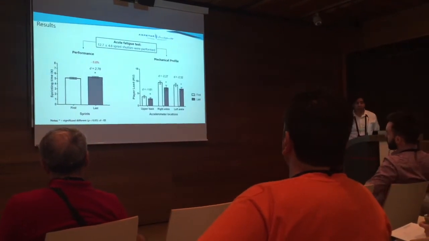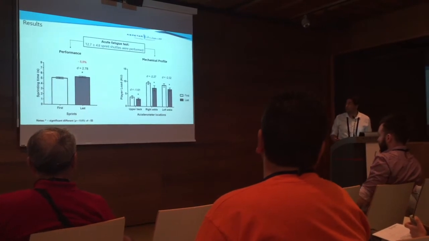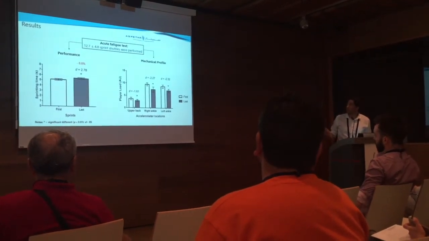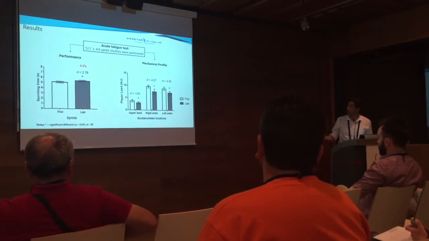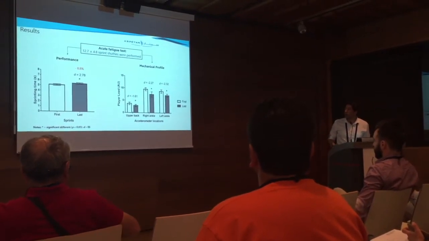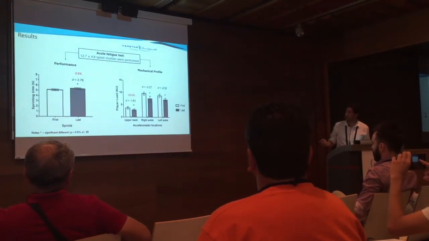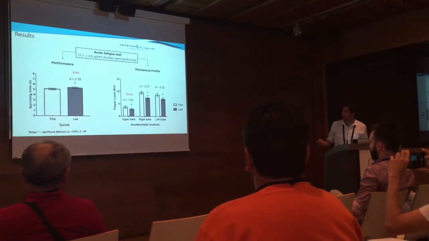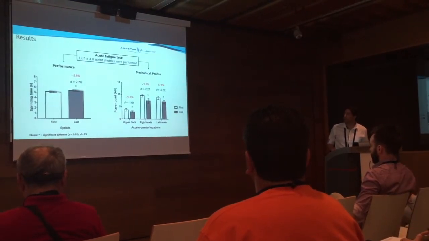Equally, player load was significantly reduced from the first to the last sprint, as you can see in the figure on the right-hand side, amongst all accelerometer locations. For the upper back, a reduction of 20% was identified, while on the right and left ankle, a reduction of 21 and 17% respectively.